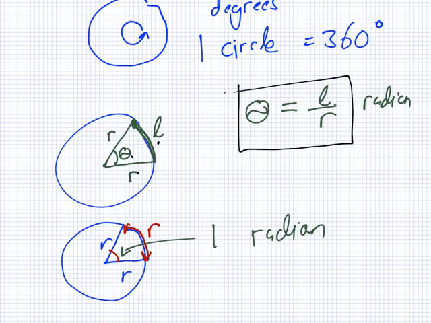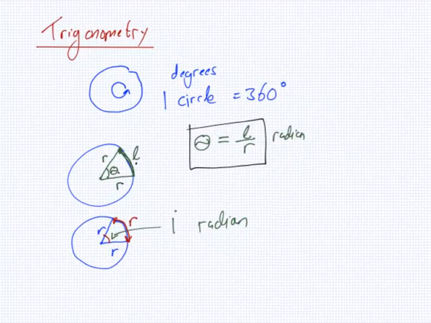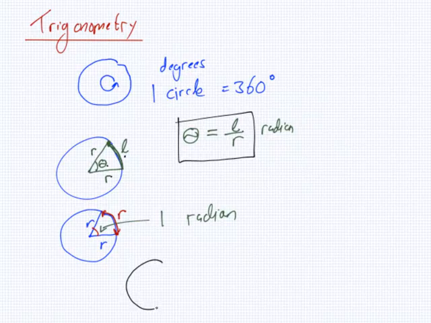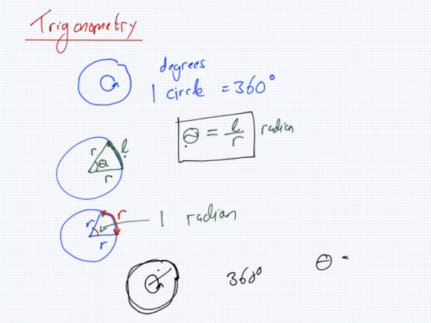But anyways, what we really need to know is how do we convert. So we need to pick an angle where we know what the total length is. So we'll go for 1 full 360 degrees. Now let's use this new formula. The theta should equal the total length. So if this is r, then how much is all of this?